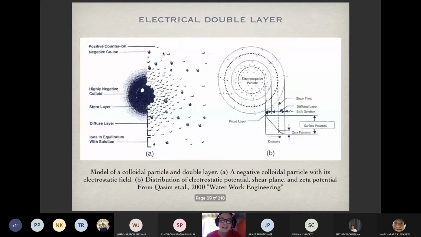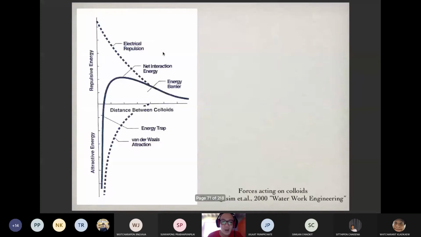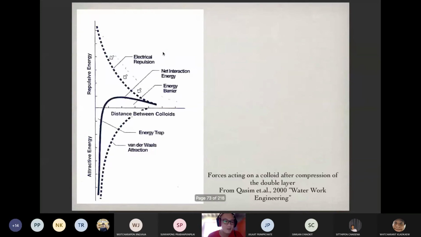And then after being destabilized, what will happen? After being destabilized, the magnitude of the electrical repulsion force gets reduced or minimized. So this will affect the net interaction energies. So it shifted to be more on the attraction side.